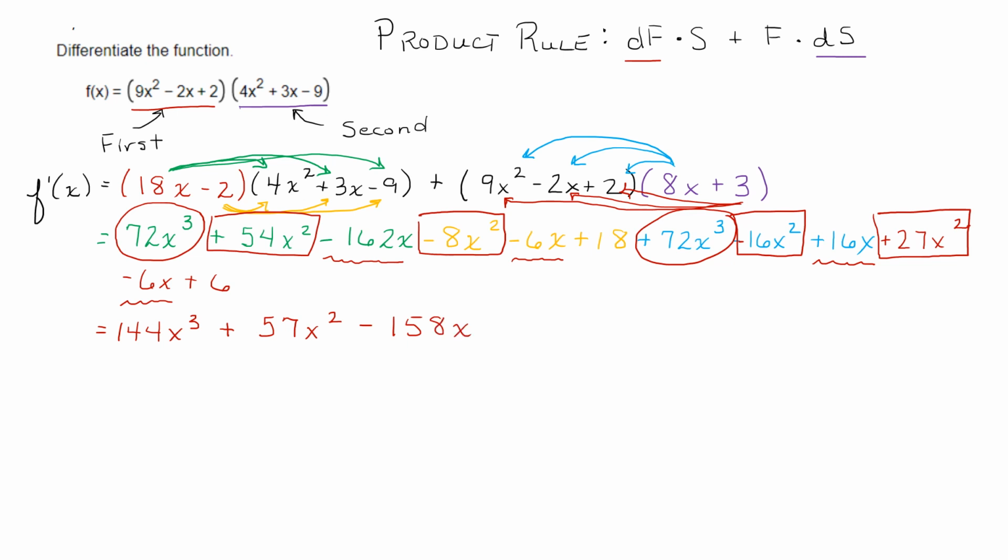And then we can end it by combining our constants. The 18 plus 6 gives us 24. And so that would be how to use the product rule to differentiate two trinomials.